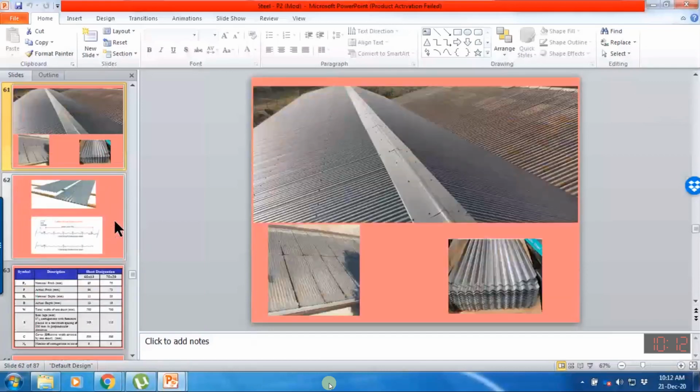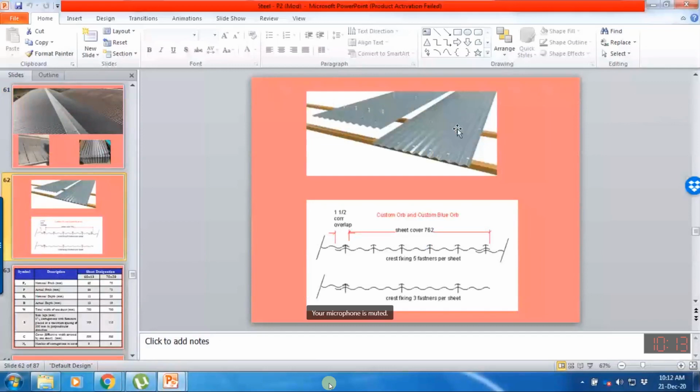This is the end of the sheet. The end lab is connected with this purlin. So he says we need to provide the fastener or J bolt at every third corrugation mentioned here. So at the third corrugation we need to provide the J bolt.